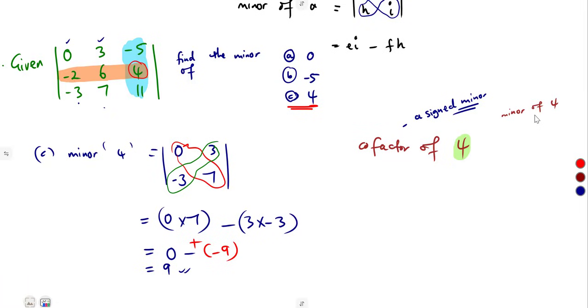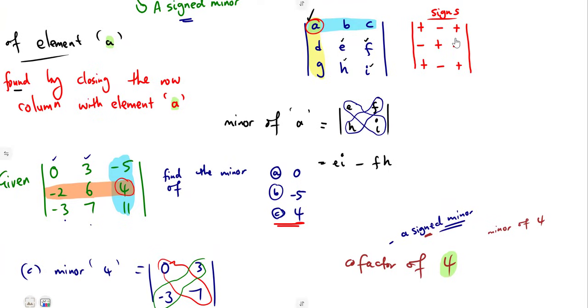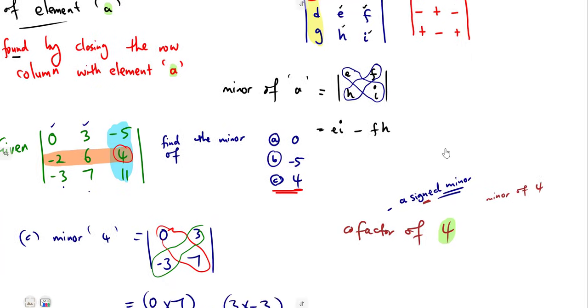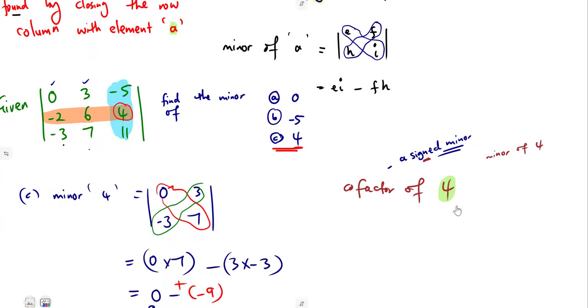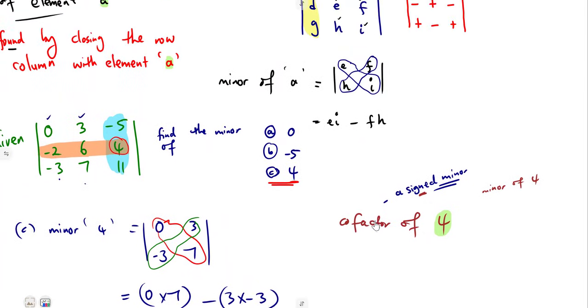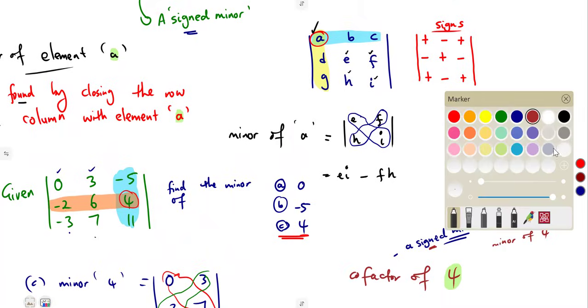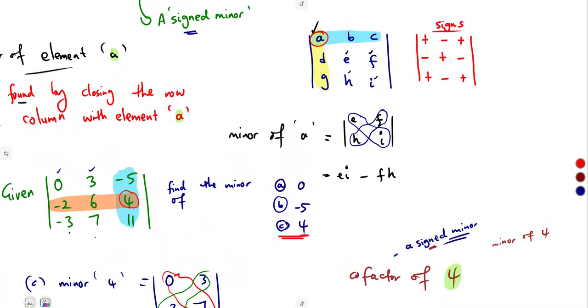That minor, you multiply it by the sign which corresponds to this part. In our case, we already calculated the minor of 4, which is this one. But what is the sign now? Because a cofactor is a signed minor. 4 corresponds to which sign? That is the first thing.